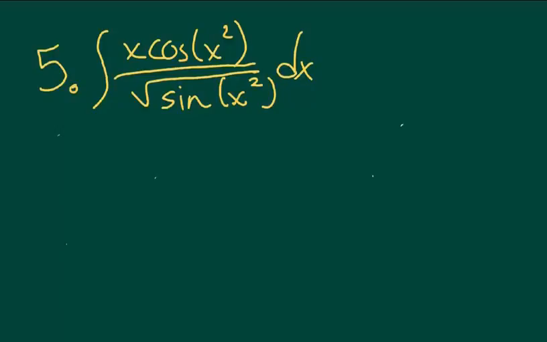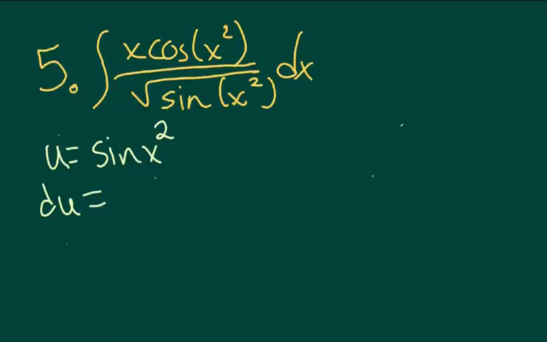So here's another example of integration by substitution. In this case, you're going to sub in for u the sine of x squared. And that makes things easy because we have nearly the exact derivative of that in the numerator, except for the 2.